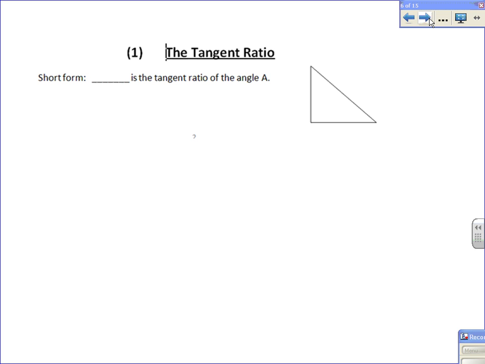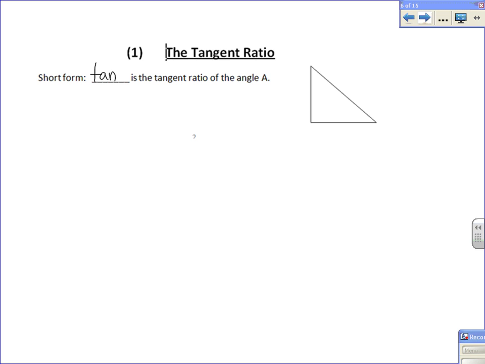Let's have a look at how to solve for the tangent ratio. Let's do a real example. I have a triangle here, and I am going to label it. First of all, tan is a short form for tangent. This is just a short way of writing tangent ratio.